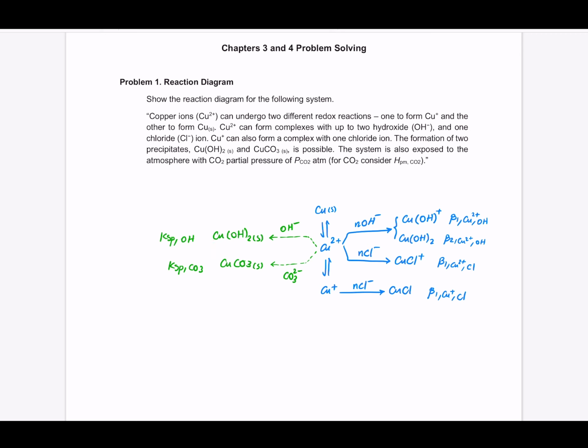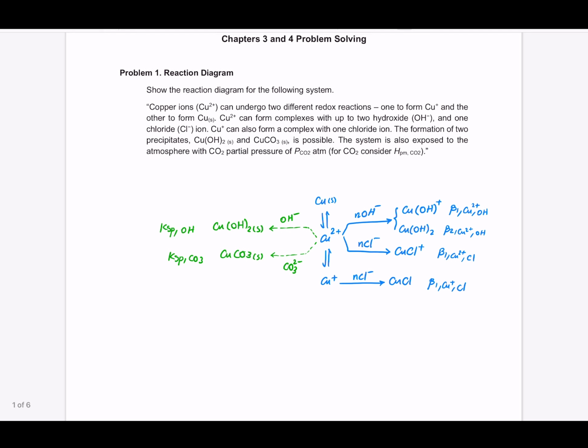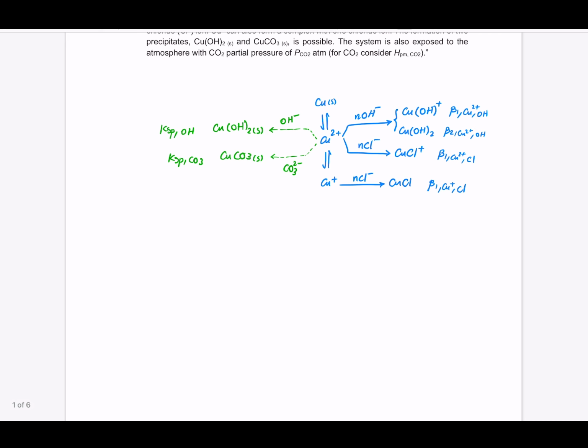So the only thing that is left is just the acid base. So it seems it's an open system. So basically CO3 is in equilibrium, as always, with bicarbonate.